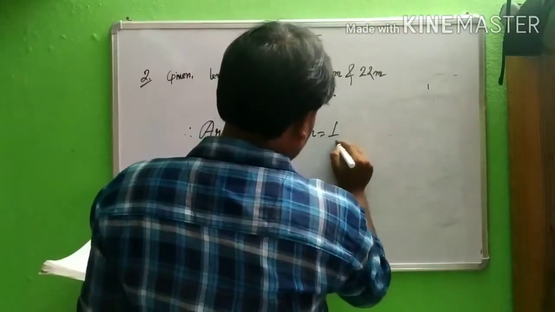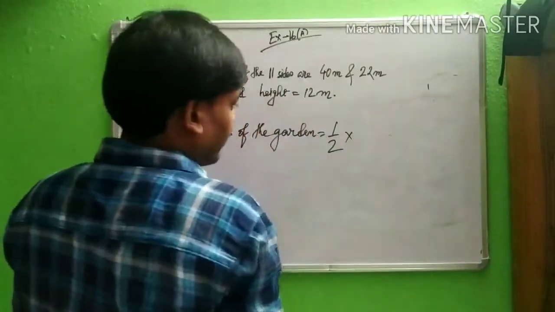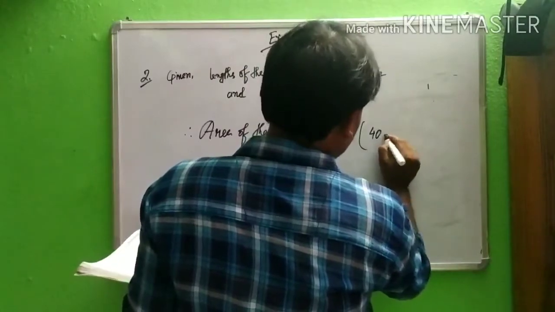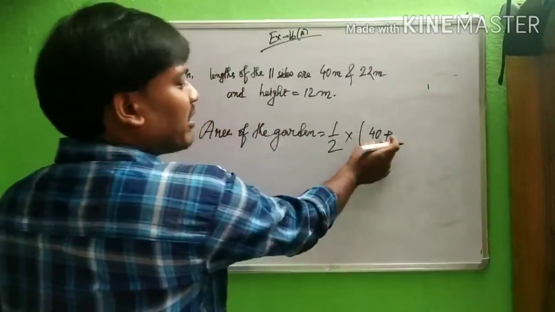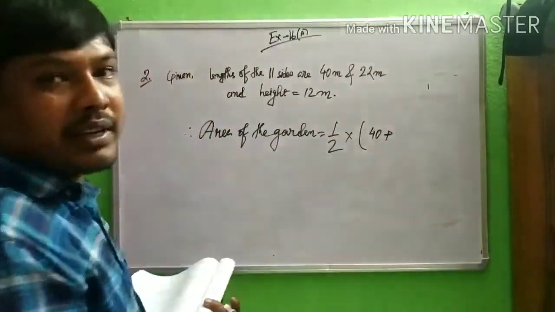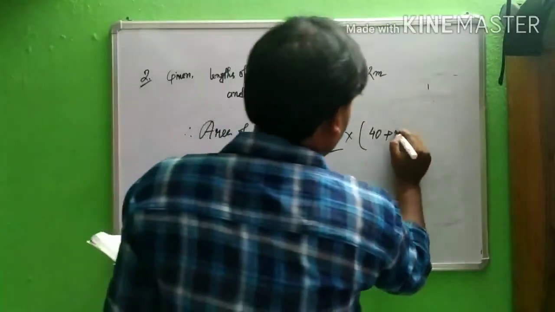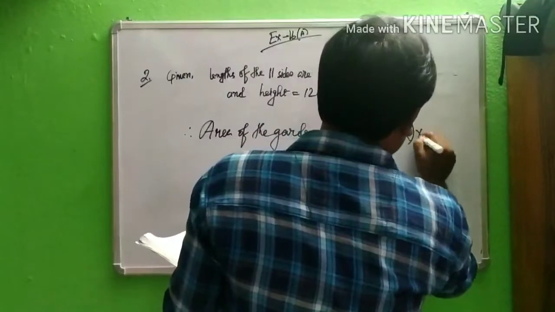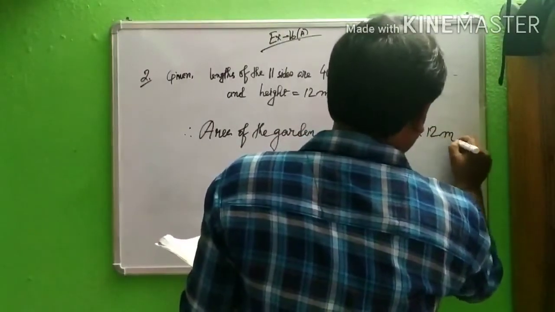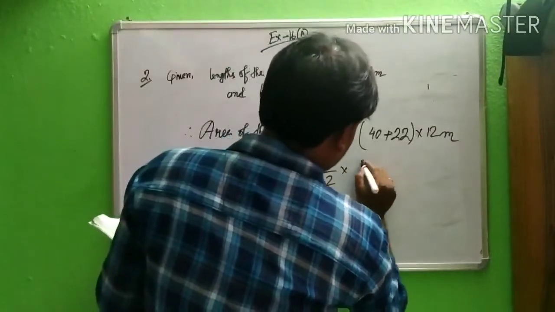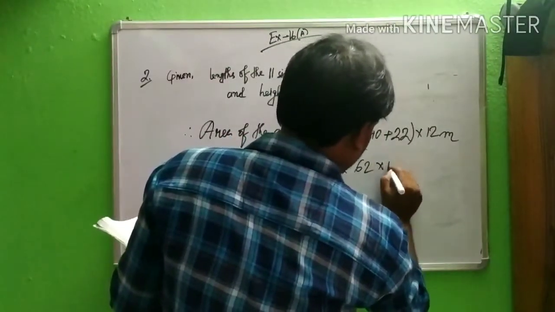So area of the garden equals half into the sum of parallel sides, that means 40 meter plus 22, into 12 meter. No need to write the unit here; at the last we write meter square because this is area. So half into 62 into 12 meter.